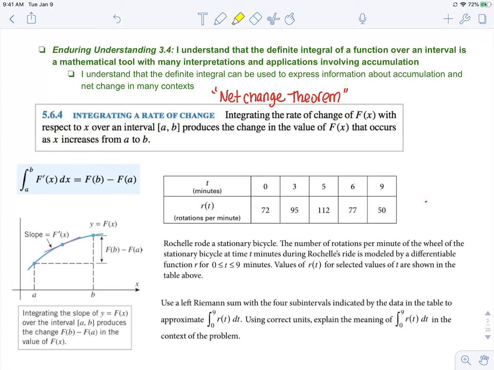We will apply what we call the net change theorem whenever we are integrating a rate of change. If we integrate a rate of change of a function over a given interval, this produces the change in that value of f. Over here on the left is a visual.